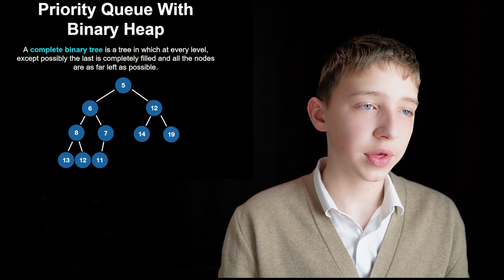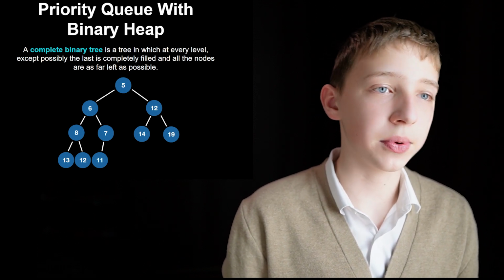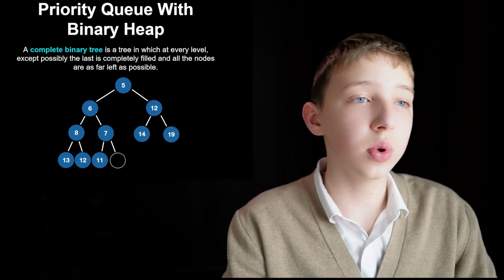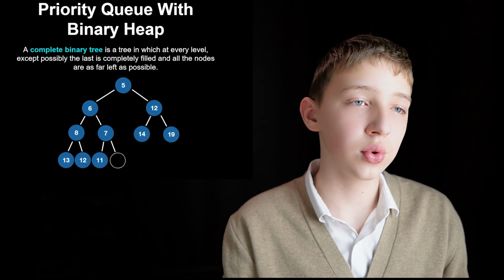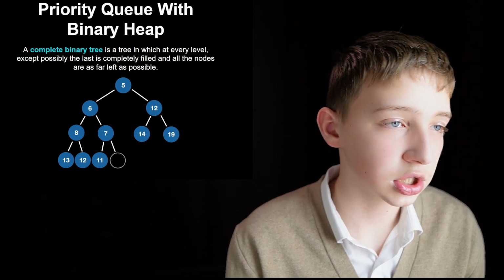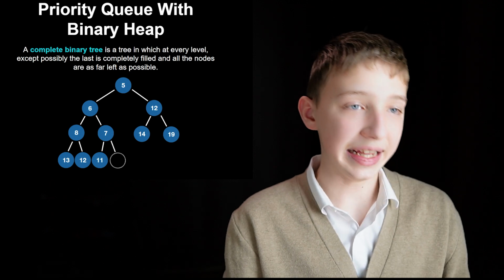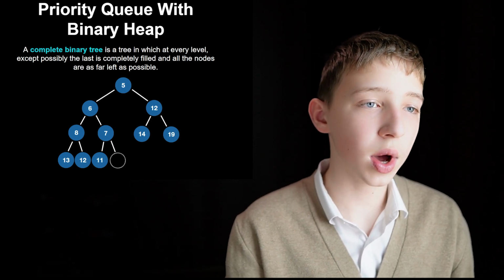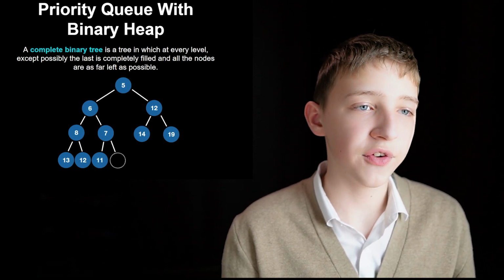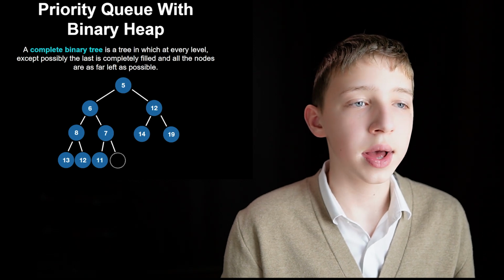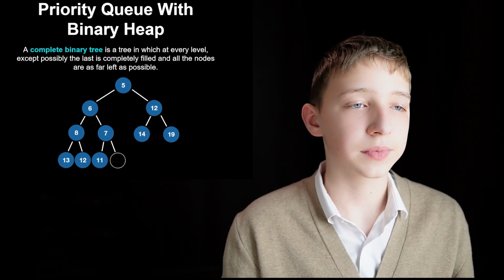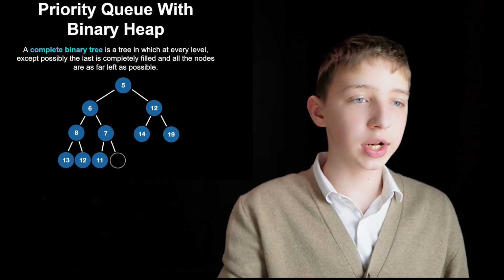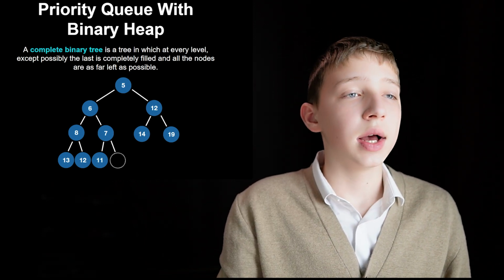In this example, the next node will go where the hollow circle is, and the next one to the right of it. Eventually we finish the row, at which point we need to start a new row.